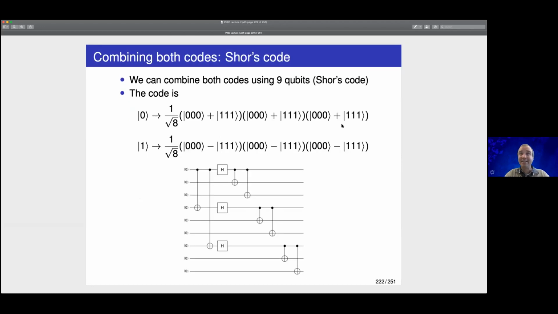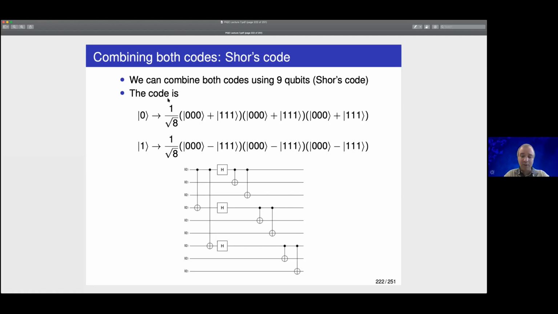Well, the answer is yes, but I need a slightly more complicated code, which is called the Shor code, okay? And in this case, I need to use 9 qubits. This is not the least amount of qubits that I need in order to protect against both kinds of errors. There are other quantum error correcting codes.